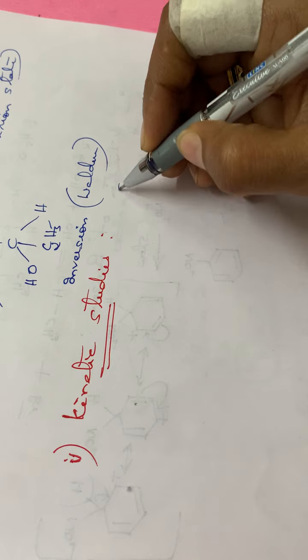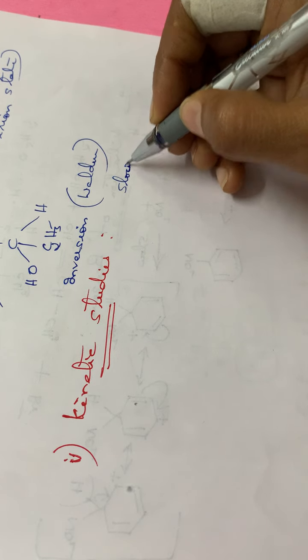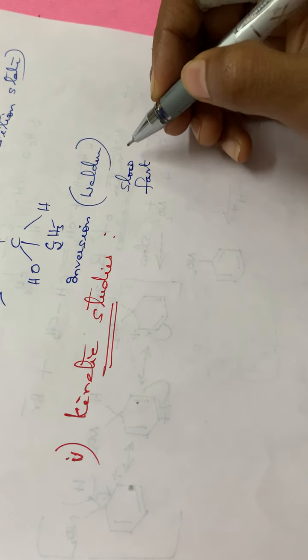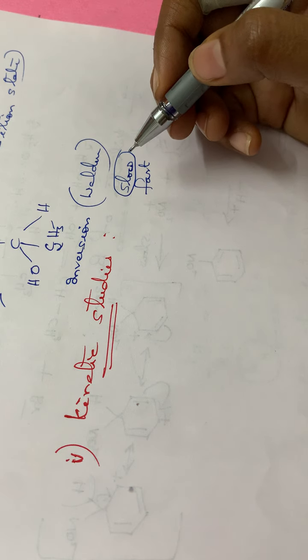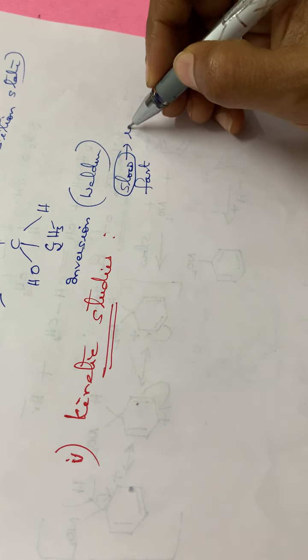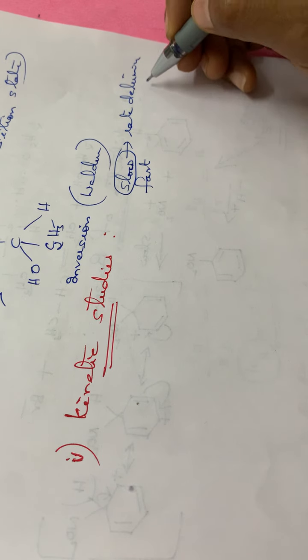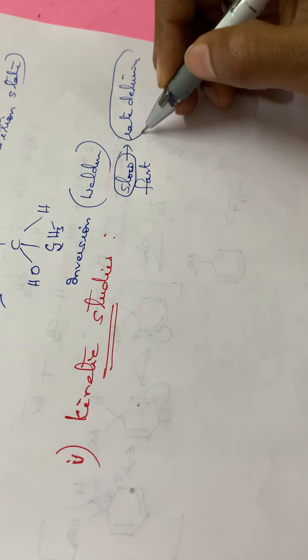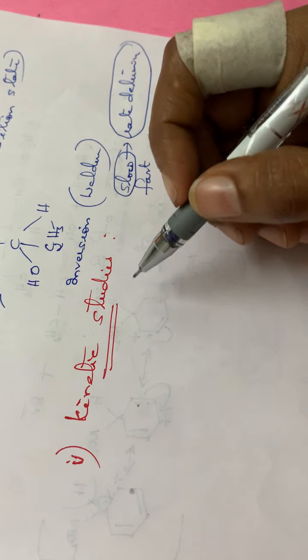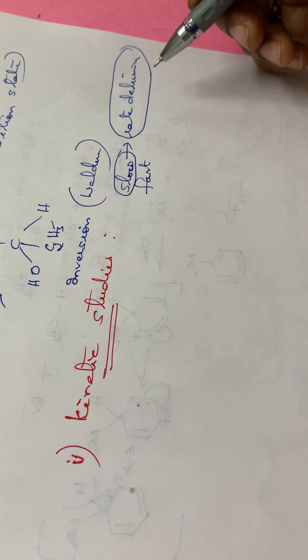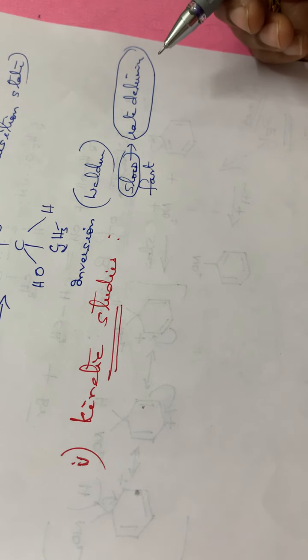In the first step it is a slow step, and in the second step it is the fastest step. So the slowest step will be the rate determining step, that we have been writing in all the reactions, isn't it? The slower step will be the rate determining step, and from that we can study the rate of a reaction, and thereby we can find out the reaction mechanisms also.